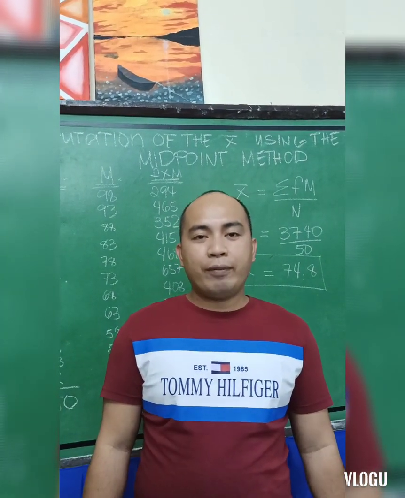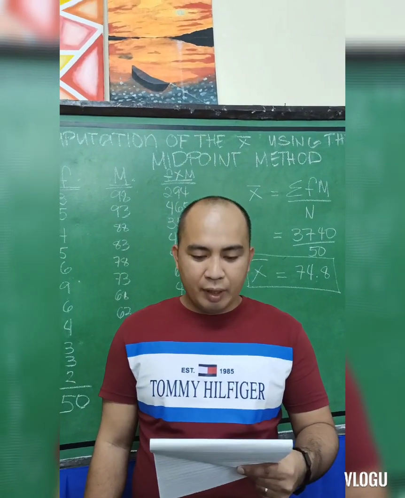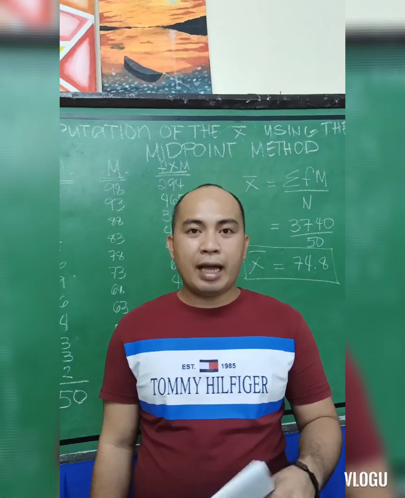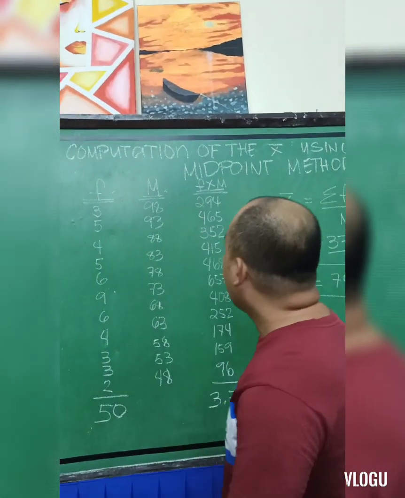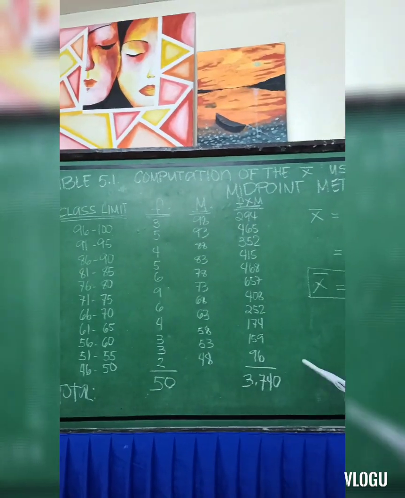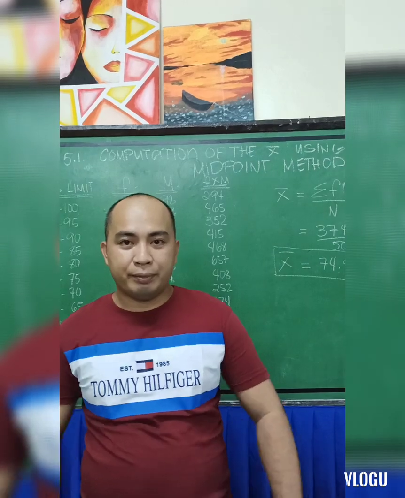We have two ways to get the mean from group data: first, the midpoint method, and the second one is the mean class deviation method.